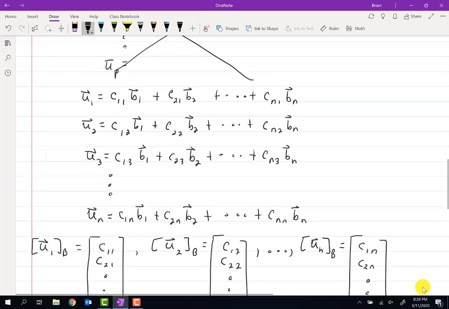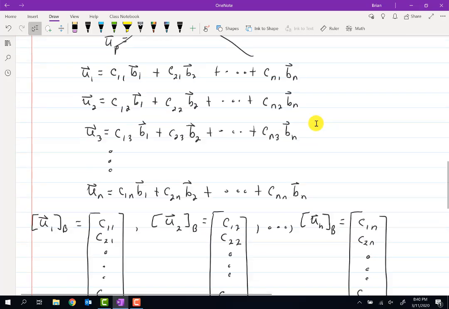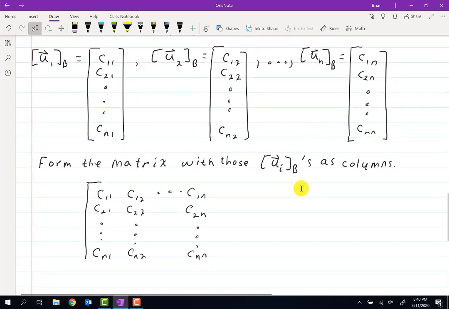Now, notice that the U's go more than up to n, they go all the way to p. That means, what am I going to do? If I go past n, then I'll have C1 n plus 1, and then I'll have C2 n plus 1, all the way down to Cn n plus 1.